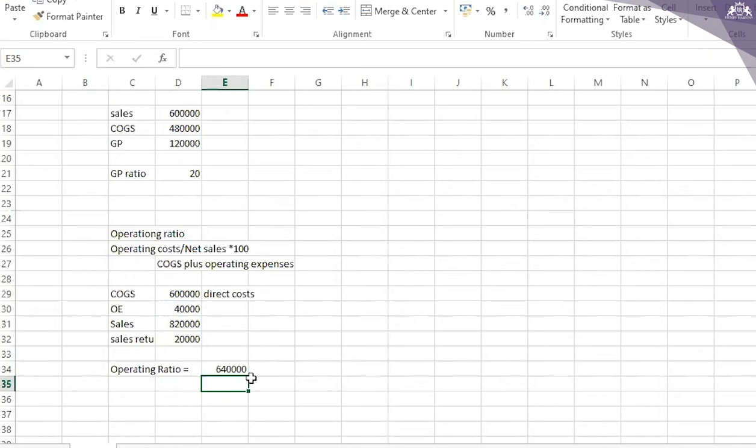Operating cost divided by net sales. Net sales, 8 lakhs. So this would be 6,40,000 divided by 800 as a percentage. 80%, correct.